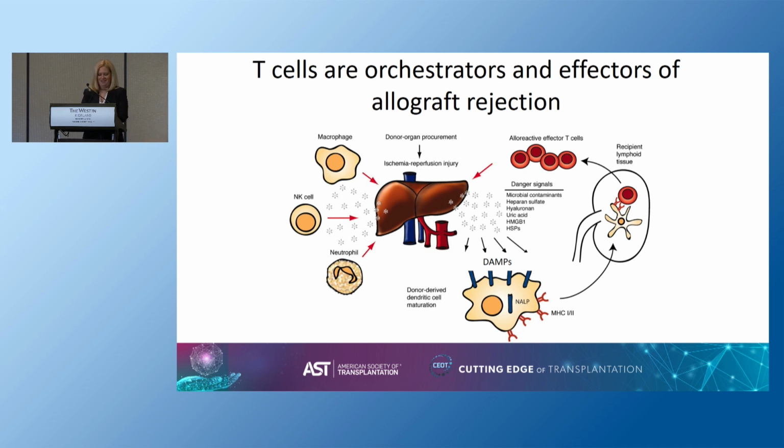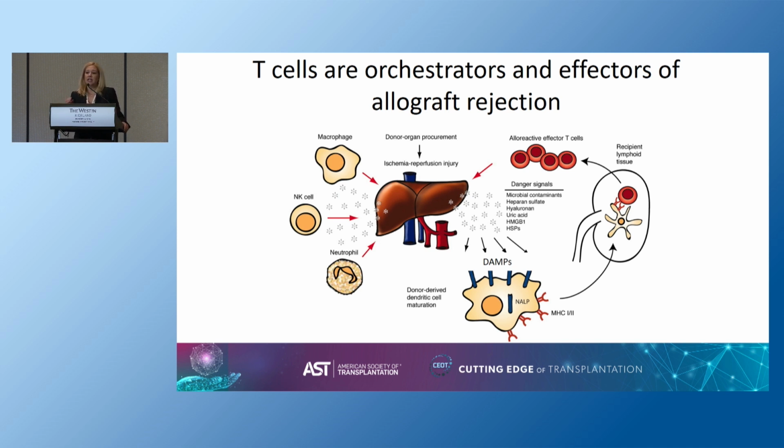Following donor organ procurement and transplantation, there is, of course, ischemia reperfusion injury that leads to the elaboration of molecules that serve as danger signals to the immune system. These can be either microbial contaminants or host-derived molecules that signal damage to the tissue.